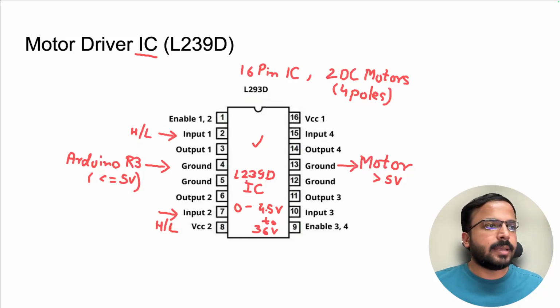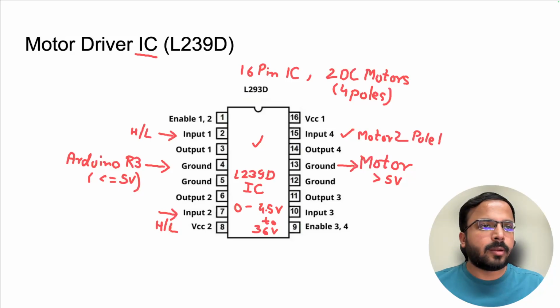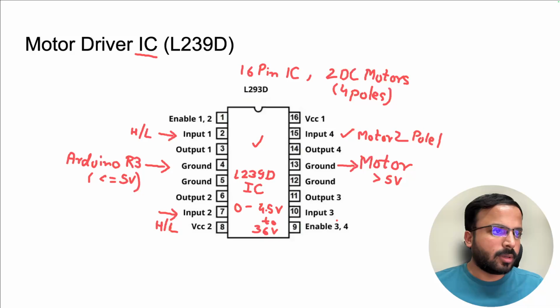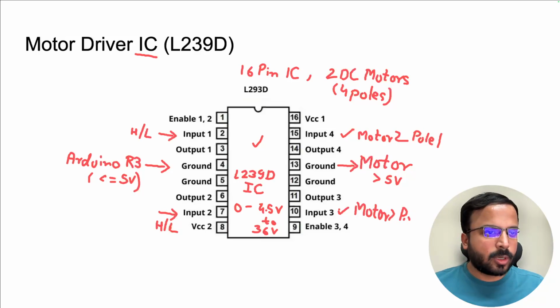And similarly you will have this side input 4, for motor 2, pole 1, and this input will be used to drive motor 2, pole 2. The output will be connected to the motors.